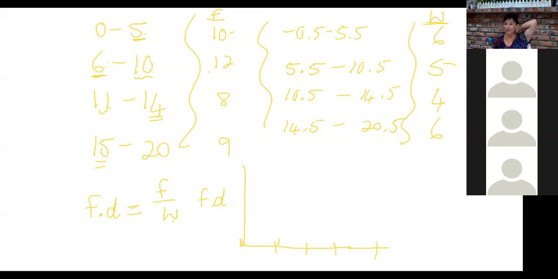I will then work these out as decimals and then plot them, right? So from minus 0.5 to 5.5, it will go up to whatever frequency density you work it out to be. Okay, so for the first one, 5 over 3, let's just check it exactly. 5 divided by 3 is 2.5. So this is 2.5.